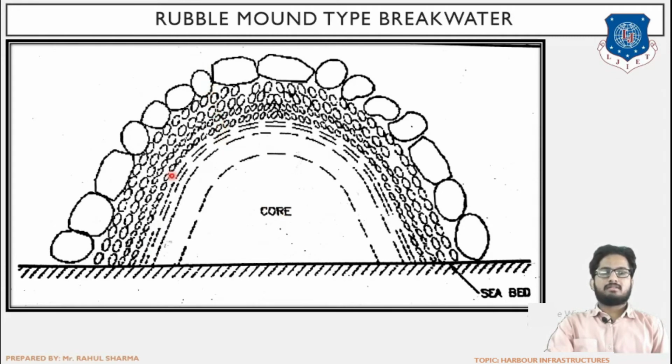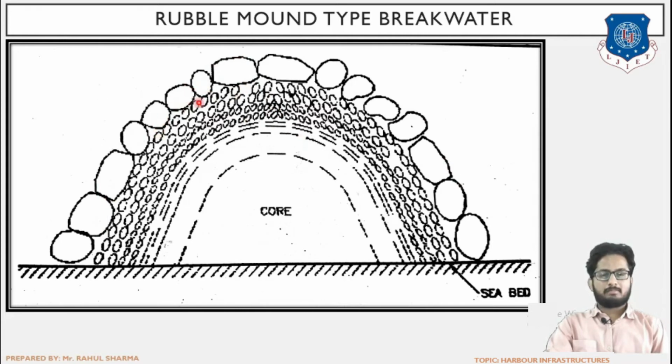Again, why can't we interchange the first and second layer? Because if we place the larger size rubble in the second layer and the smallest size rubble on top of it, then anyway they will seep through the higher size rubble because the voids are more.